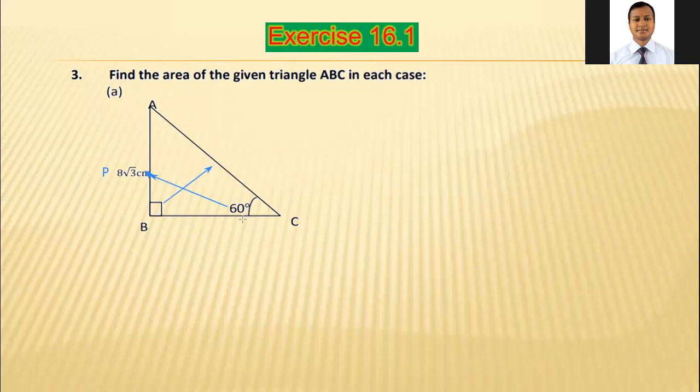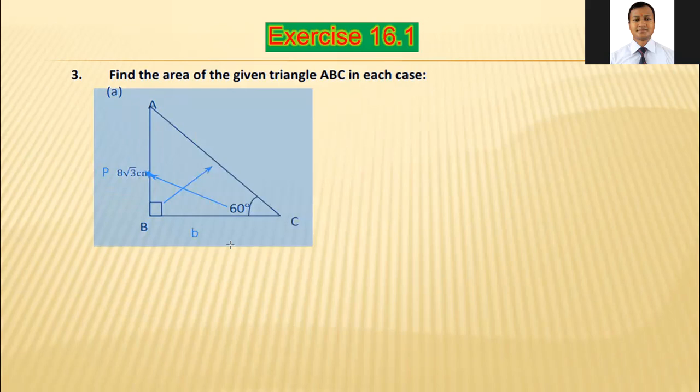This remaining side, or the side joining 90 degree as well as the angle of reference, is called base. This third one is base. And it is a right angled triangle. If the triangle is right angled, to find out the area of the triangle, we can use the formula 1 by 2 perpendicular into base.